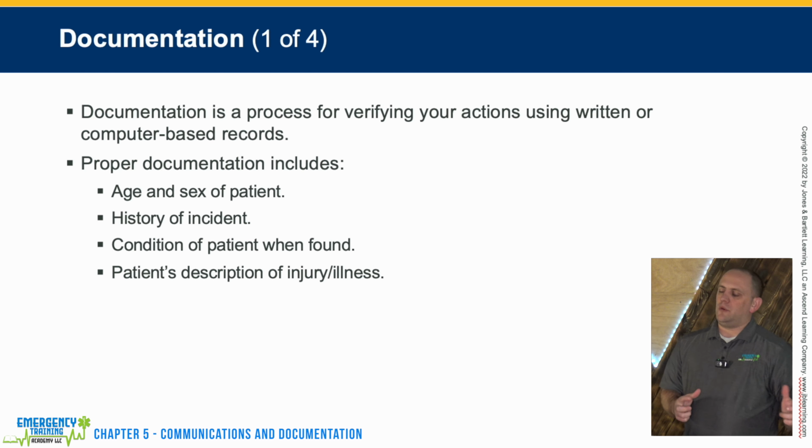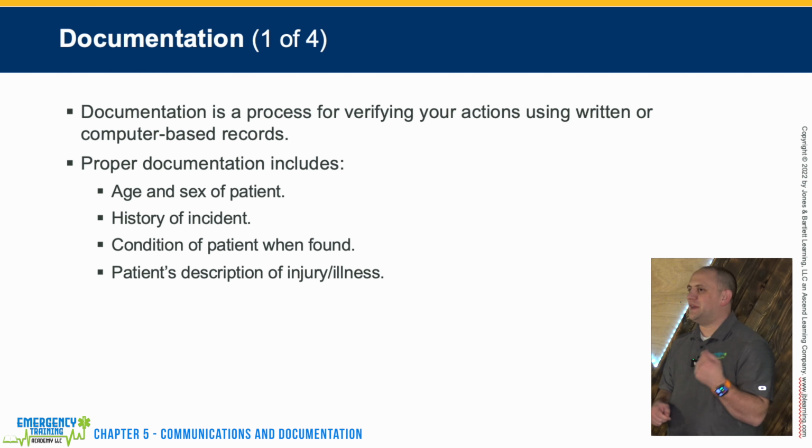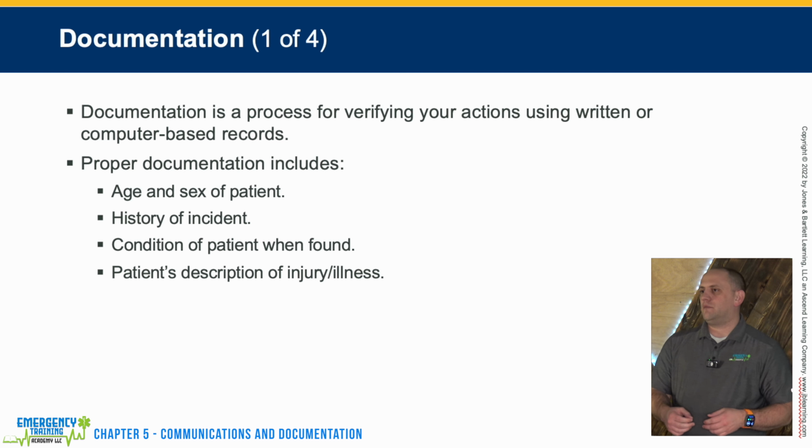Documentation, we've talked about, and we're probably going to continue to talk about different things and how we need to document. You're going to be using either a written or a computer-based record for all of your patient care records. Things that you need to put in there: age and sex of the patient, the history.